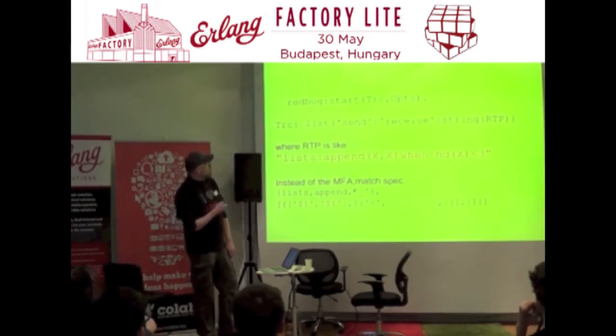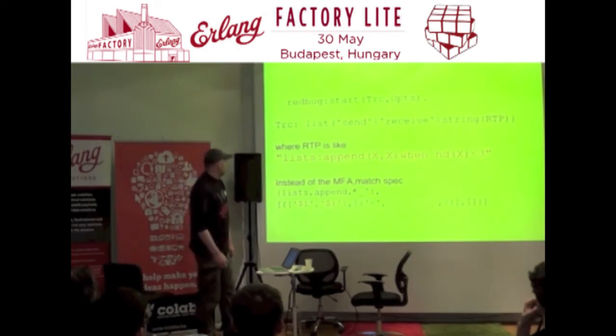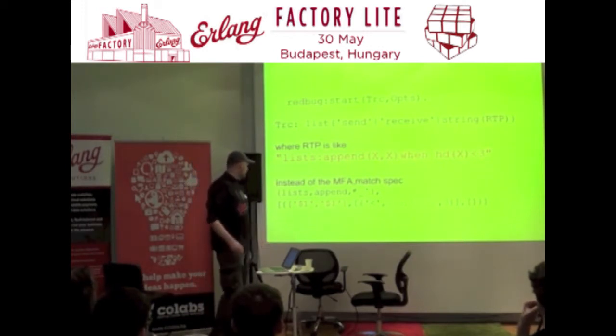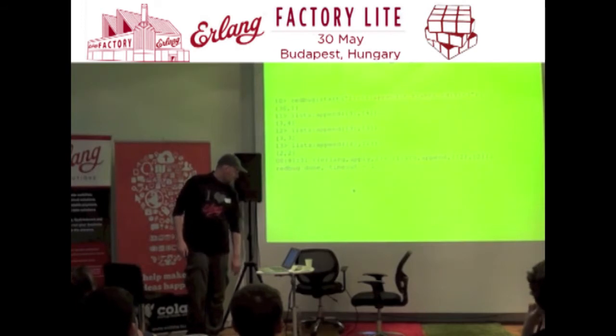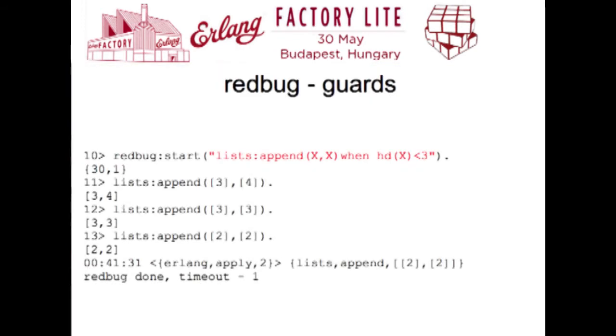So basically only one function. It's redbug:start, and then you put in a string like this, start the trace, and there you go. You can do guards, like that.